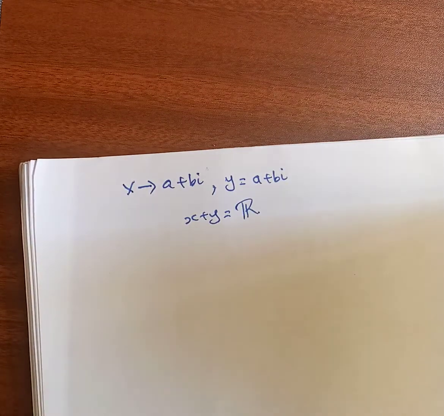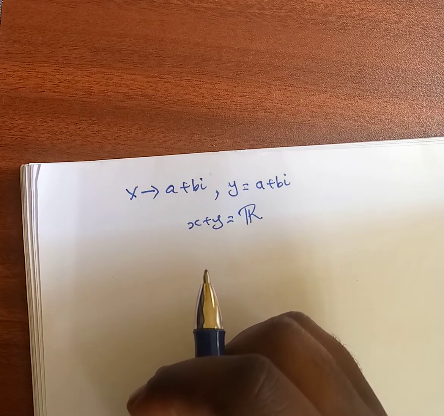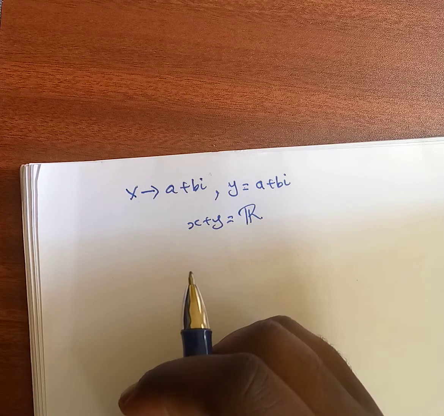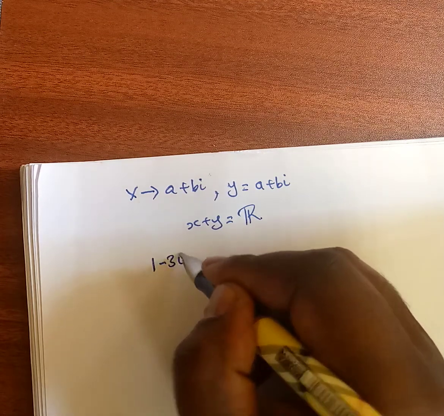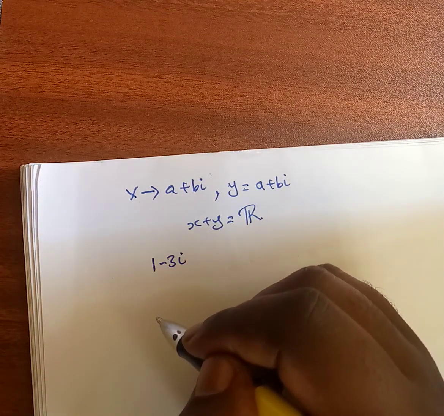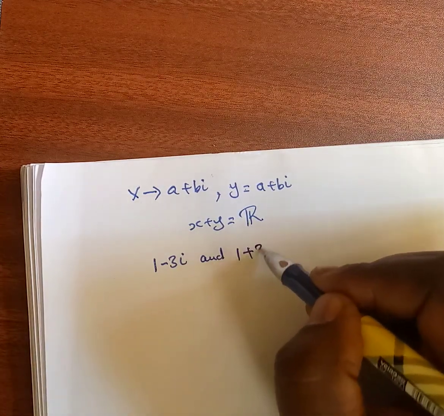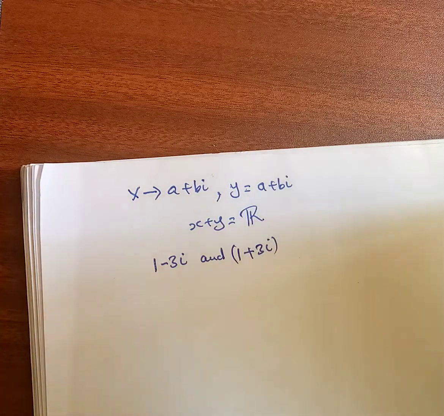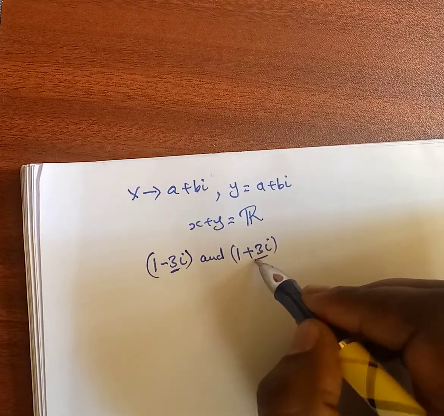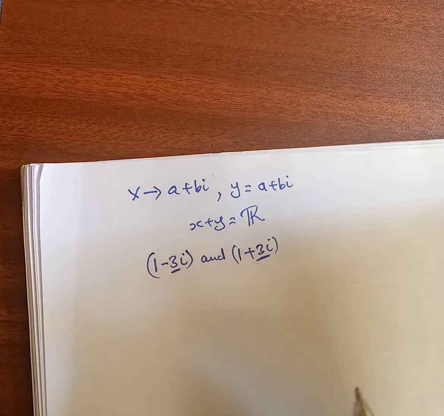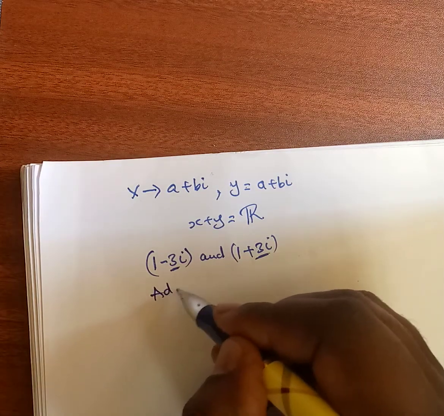For instance, consider when you are given 1 minus 3i, and then another number 1 plus 3i, or even 2 plus 3i. Notice this part is a minus, this part is a plus. So there is a likelihood that the 3i terms will cancel out. But let's see, we want to add.